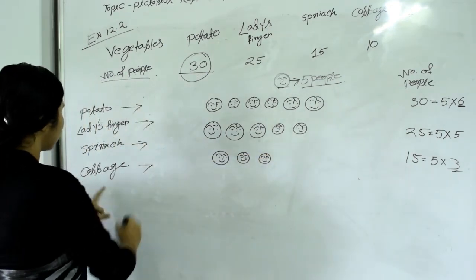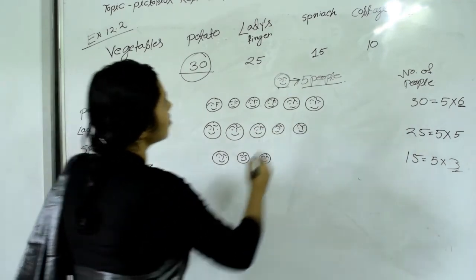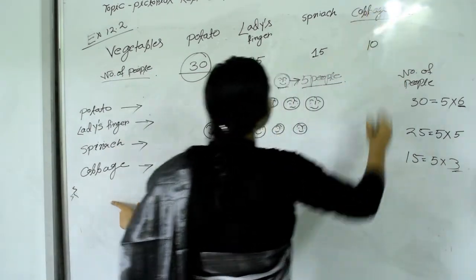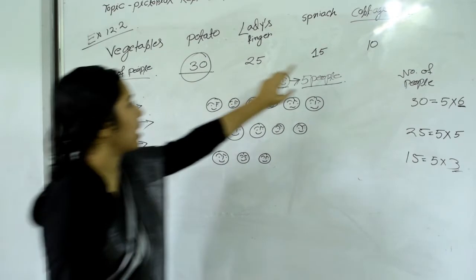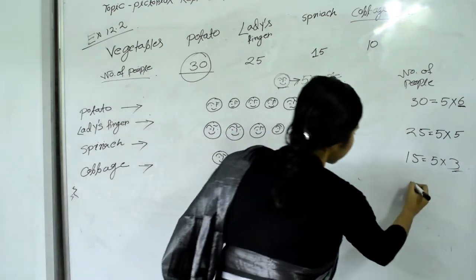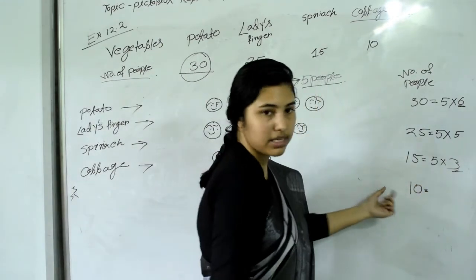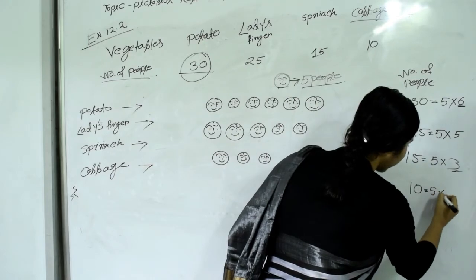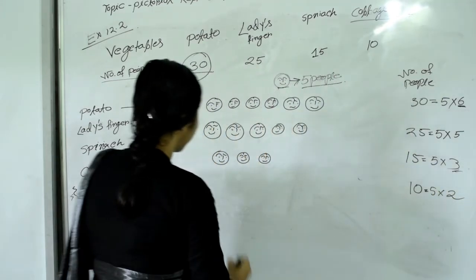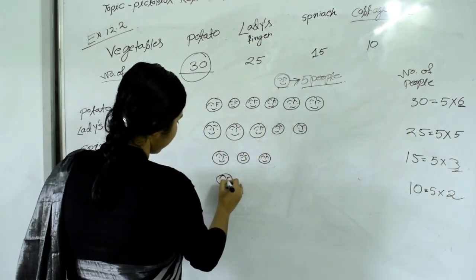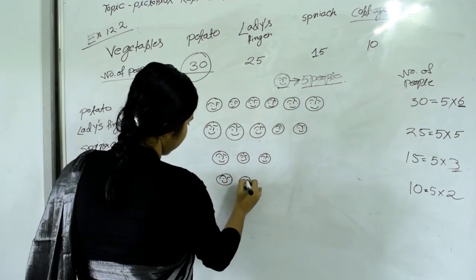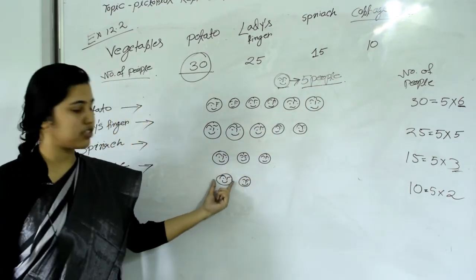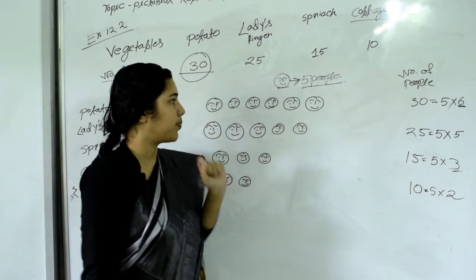And last, coriander, 10 people. Okay. So here write 10 as a product of 5 and 2 and draw 2 smiley faces, each face representing 5 people.